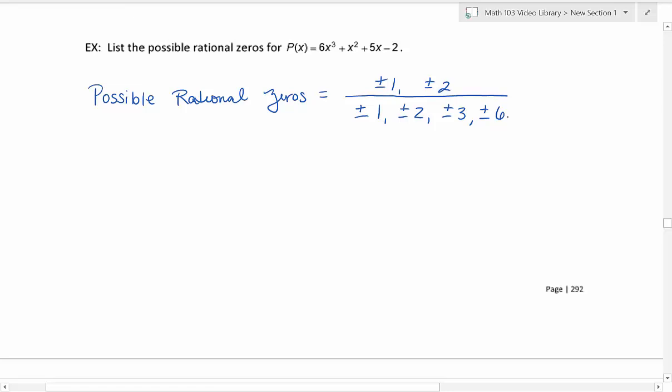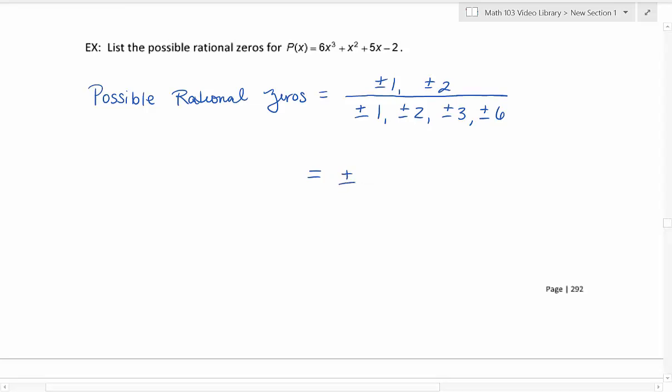Now this is certainly not a list of numbers that's going to be helpful, so we want to simplify this ratio. The first thing I want to talk about when simplifying this are all these plus or minuses. It ends up that a plus or minus divided by a plus or minus is equal to a plus or minus.